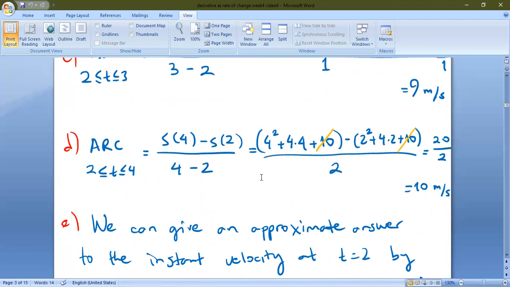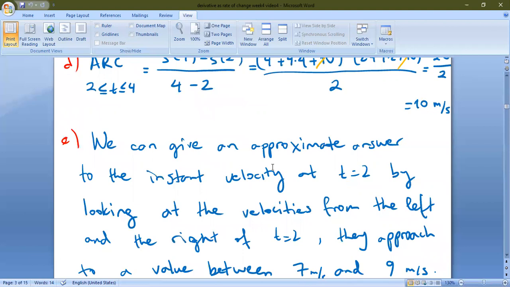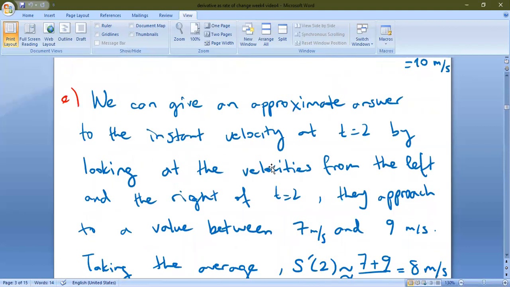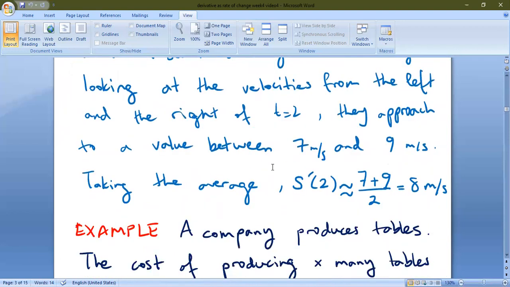Then we can give an approximate answer for the instantaneous velocity at t equals 2. How? By looking at the velocities from the left and the right of t equals 2. They approach a value between 7 and 9. Between 1 and 2, the average velocity is 7.